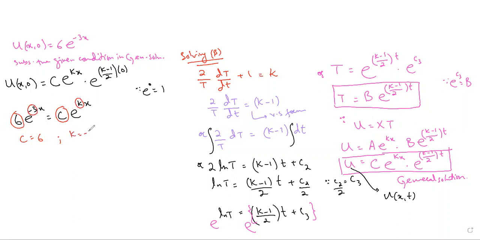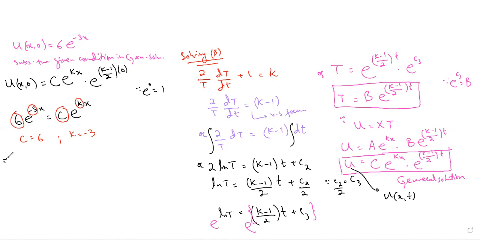So basically, you have evaluated these two arbitrary constants, the value of c and the value of k, by the given condition. You can substitute this value of c and k in the general solution.